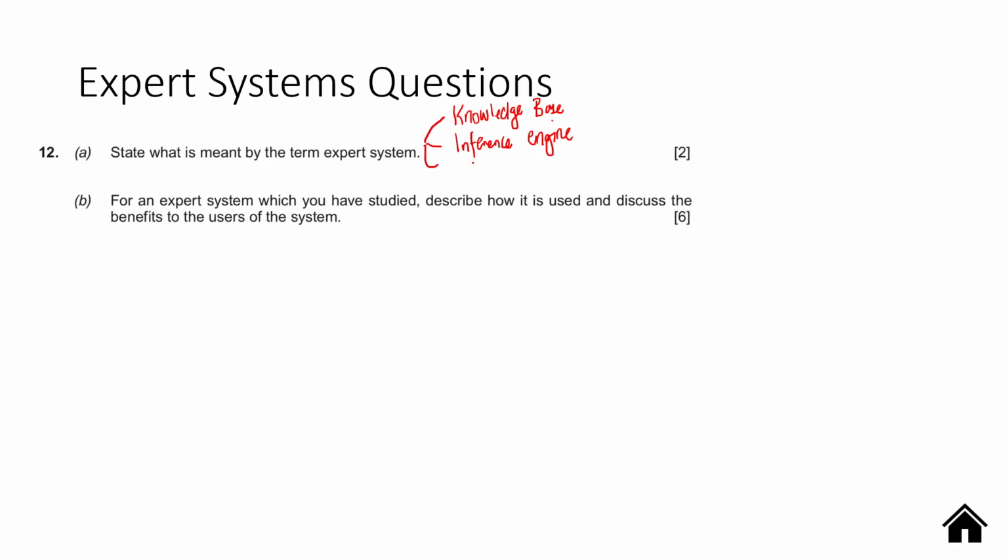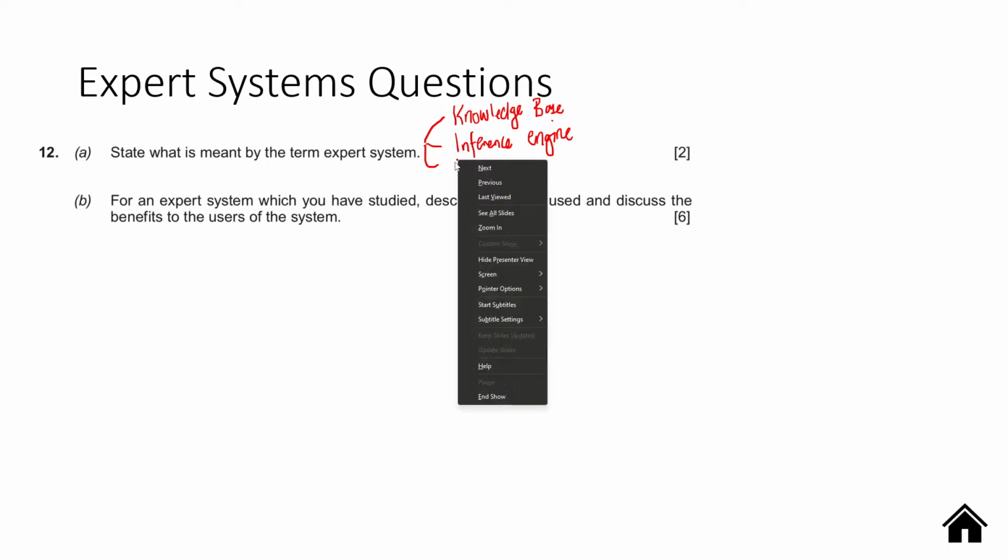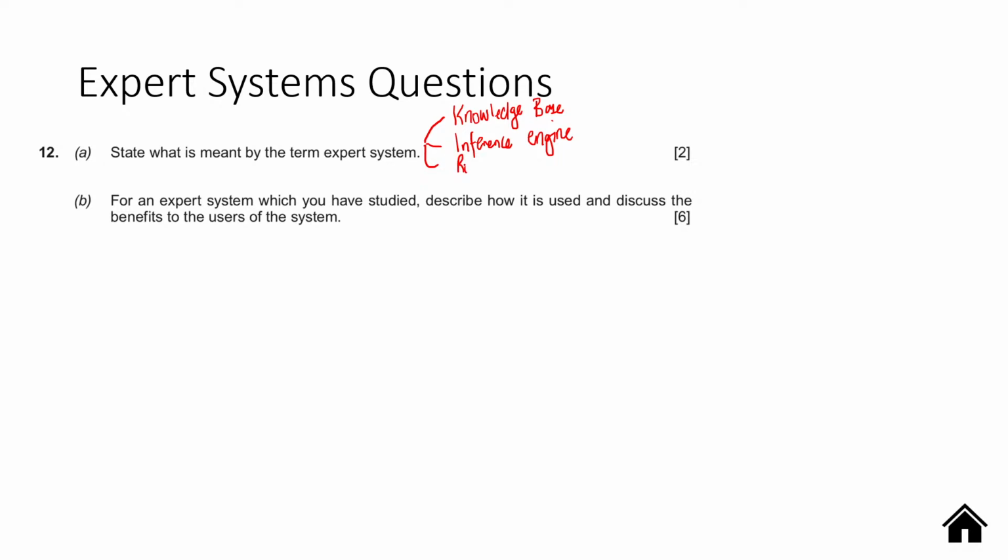And our third one we could even talk about, I've already got 2 marks by the way, but we could go on and we could say, well, it also has the rule base. You could talk about those. So yeah, what is meant by the term expert system? It's a system that asks questions, you get answers, you make decisions based on rules, based on the knowledge that's in the database.